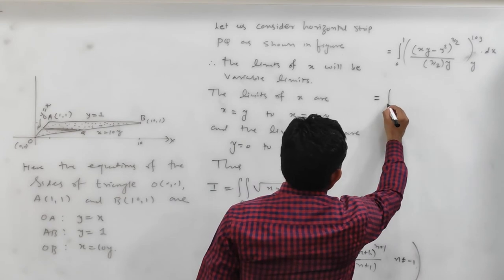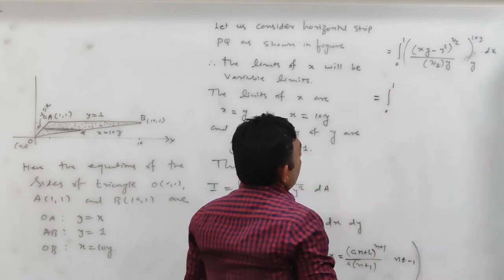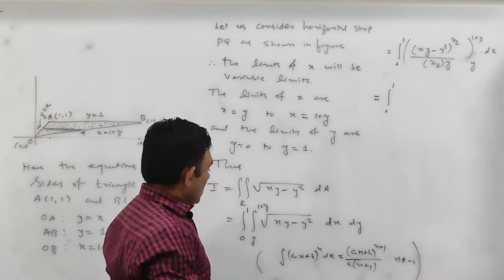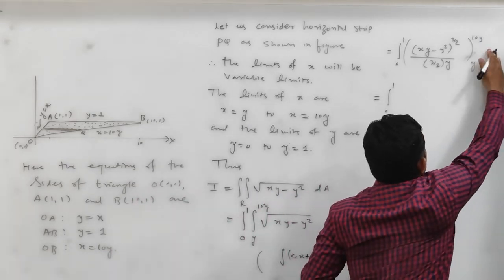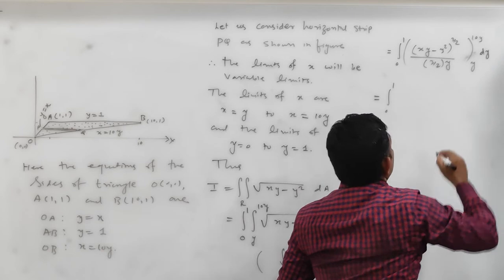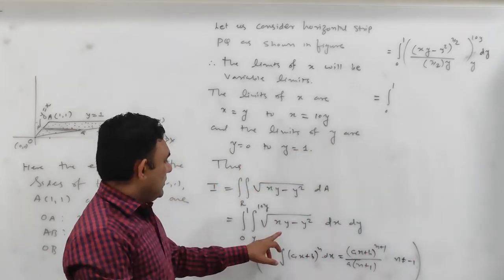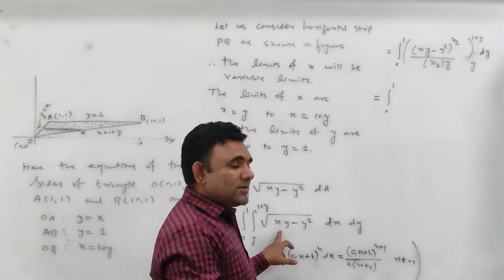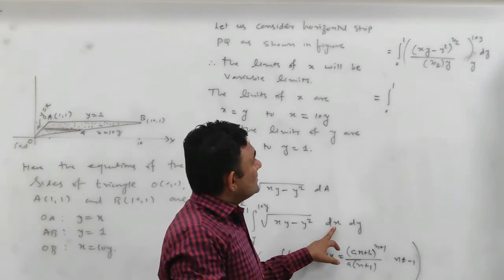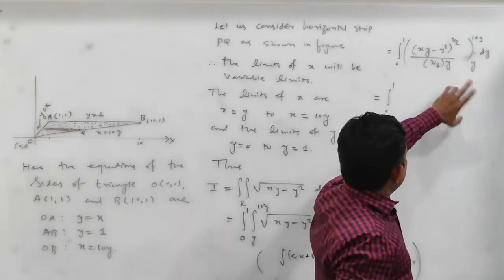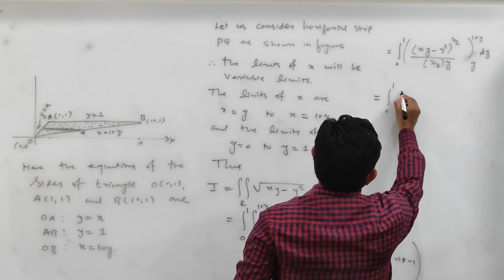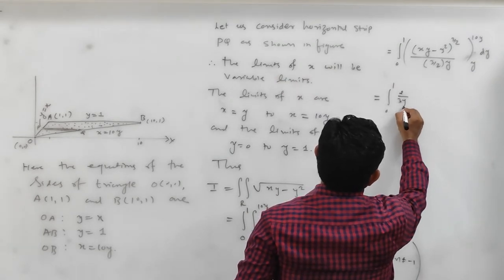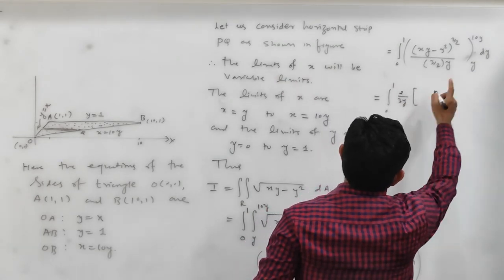So this will be equal to integration 0 to 1. Now we are left with dy. Now you put the limit at the place of x, because we are integrating with respect to x. So 3 by 2 and y is constant, so you take it outside, it will be 2 by 3y, and now you substitute the limit.